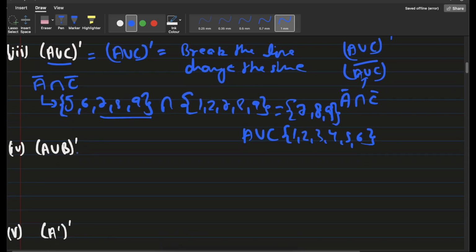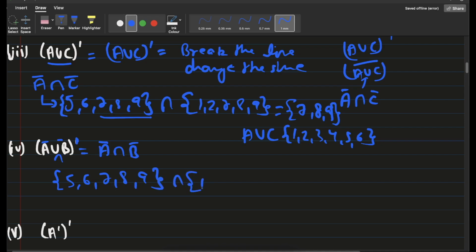Coming to the next question, here also we can apply the same rule: A complement intersection with B complement. We have distributed the complement over the corresponding elements and changed the sign. So now what was A complement? I guess it was 5, 6, 7, 8, 9, and intersect it with B complement.